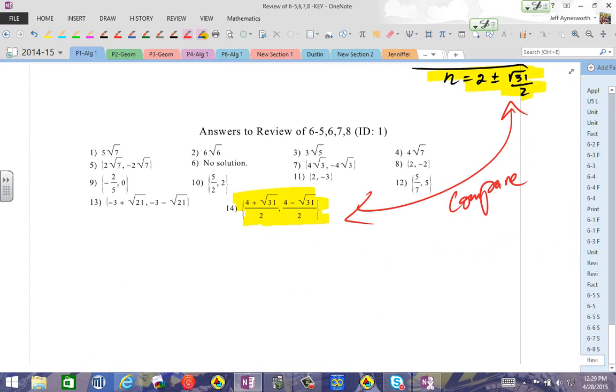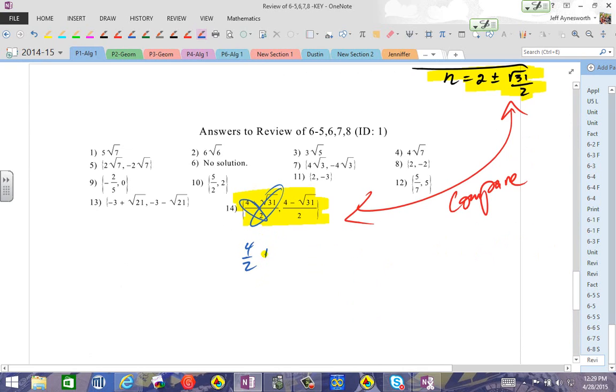You get 4 divided by 2 plus or minus root 31 divided by 2, which gives you 2 plus or minus rad 31 over 2. So you can see they're the same. Okay? So if you divide a binomial by 2, you just divide both the numbers by 2, simplify, and you're done. So they are in fact the same. Same answers. Which is a good thing. They better be, okay? The answers that I gave you are correct.